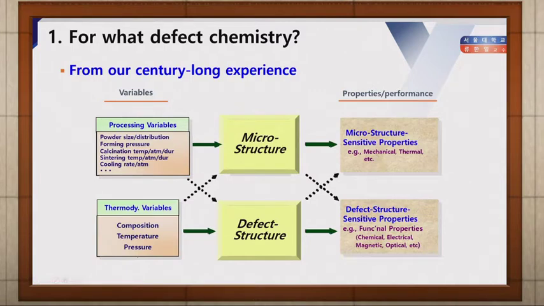And then all the rest, including even these thermodynamic variables, may be called processing variables. And from our experience, we know that processing variables mostly control microstructure, okay? And the thermodynamic variables control defect structure.